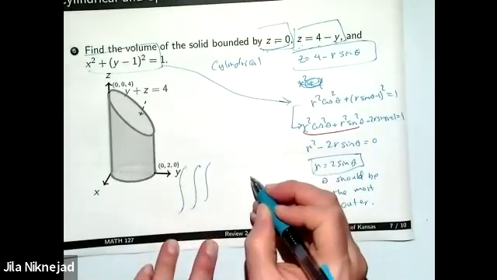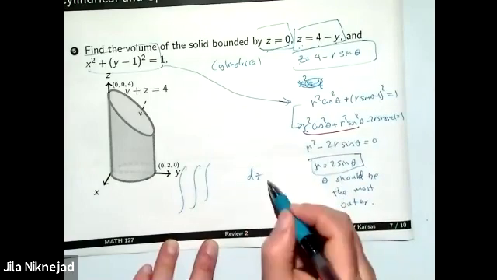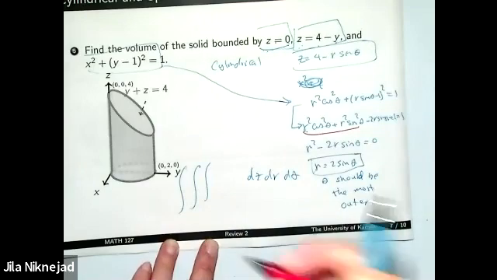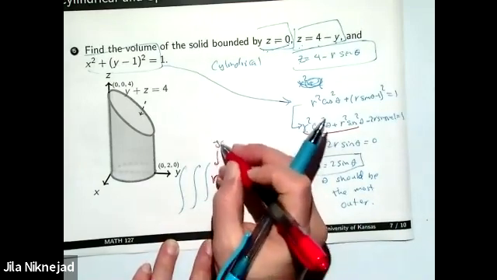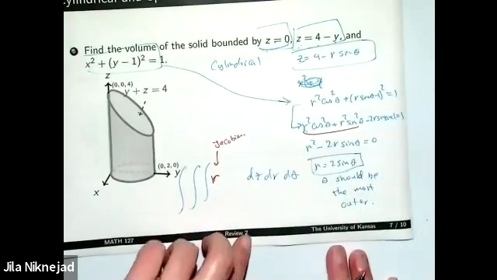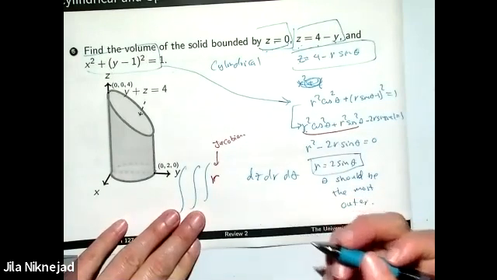What you guys are not supposed to forget, again: z goes inside, then I'll put in r, and then I put in theta. What you guys are not supposed to forget? Jacobian. I hear Ali calls it Jack in the Box.